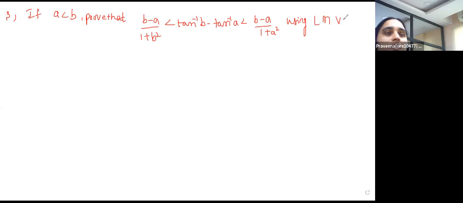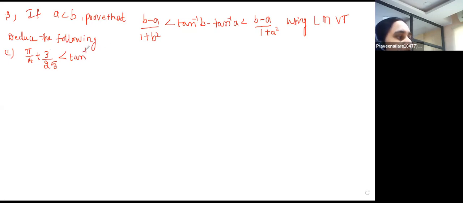Using Lagrange's mean value theorem, deduce the following. For the first question: pi by 4 plus 3 by 25 is less than tan inverse 4 by 3, which is less than pi by 4 plus 1 by 6.